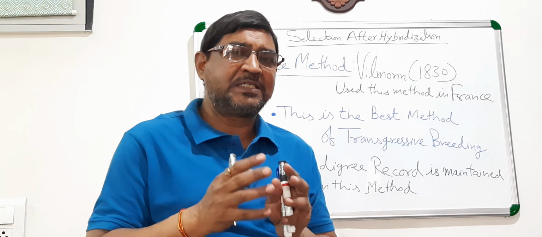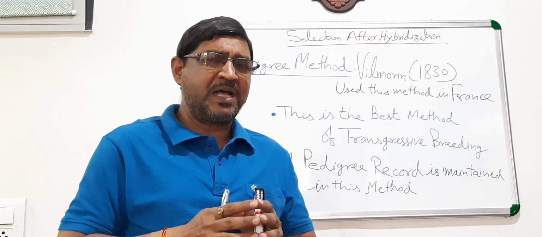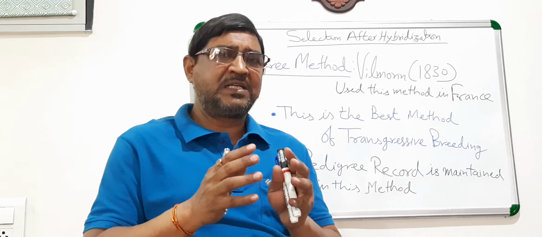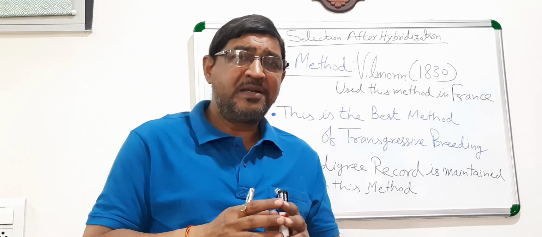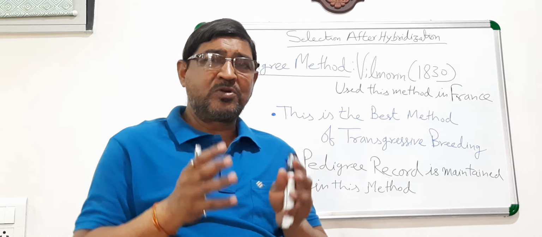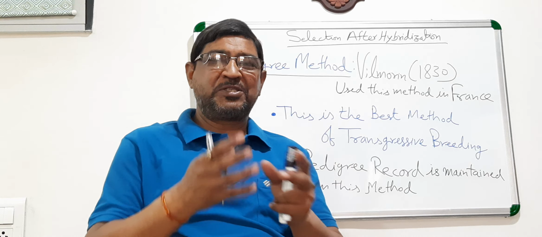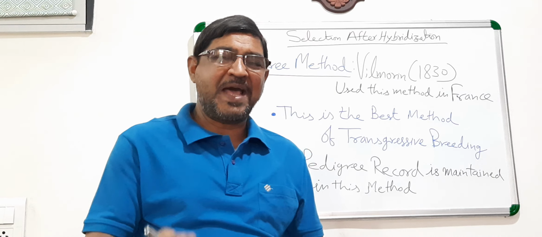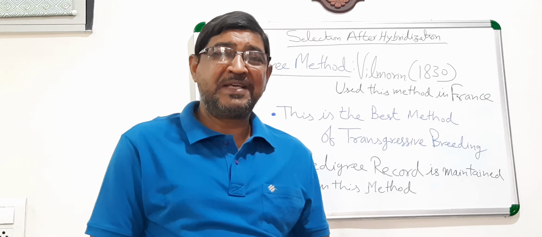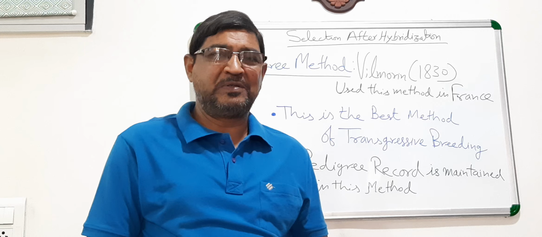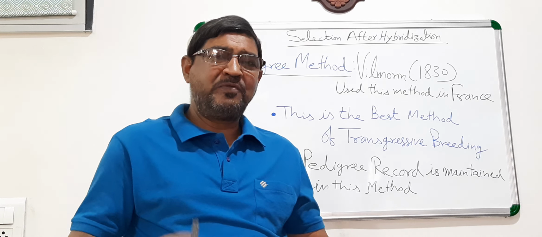If your objective is, say for example in rice, higher yield with good cooking qualities, you have to search two parents, as I have already given live examples.